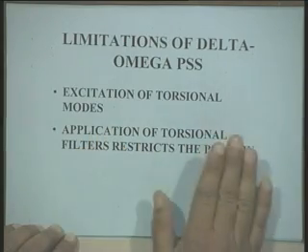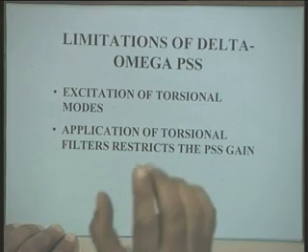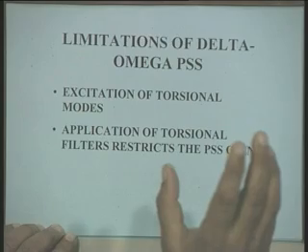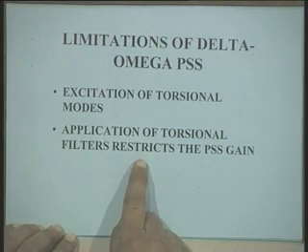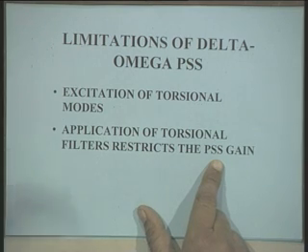Many times, to overcome the problem of excitation of torsional modes, we provide a filter in the PSS path. The moment you provide a filter, this again restricts the PSS gain. That is, we cannot have the gain as much as we want, because the gain setting of the PSS gives you the required damping ratio.